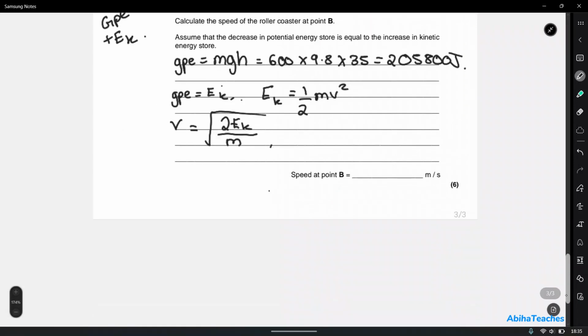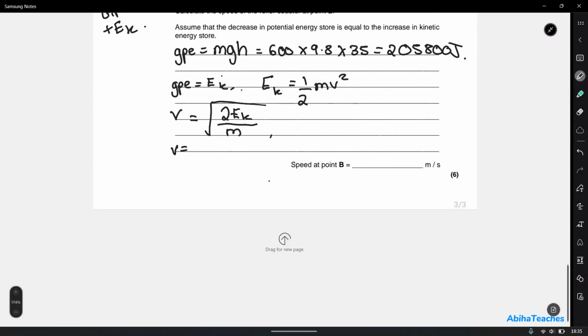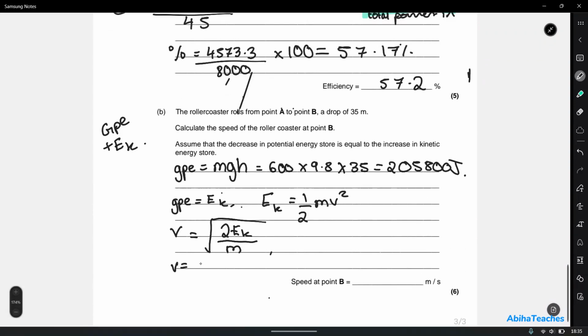Now we just need to substitute our values into our formula. So 2 multiplied by our energy, all out of the mass, which is 600. And if we square root that, that will give us 26.2.